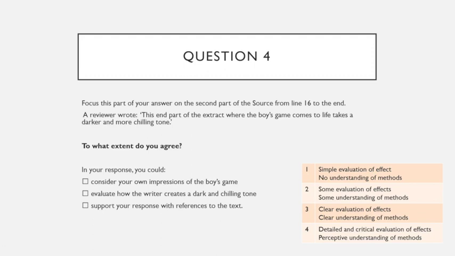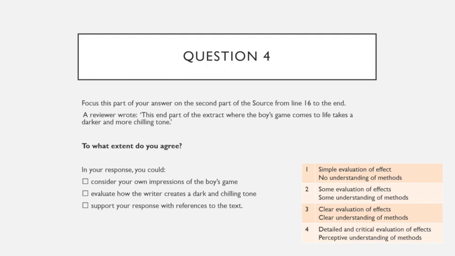Firstly, read carefully the part that specifies which section of the text you're responding to. It seems that they often focus this question on the second half of the extract, and I think that's intentionally done to ensure that you can't focus on the part that you focused on in the language question. So it doesn't overlap with the language question, question 2.